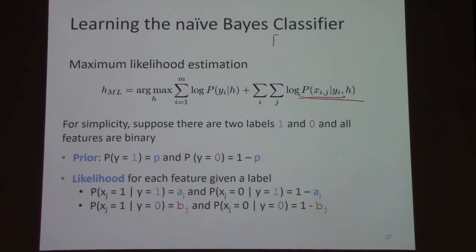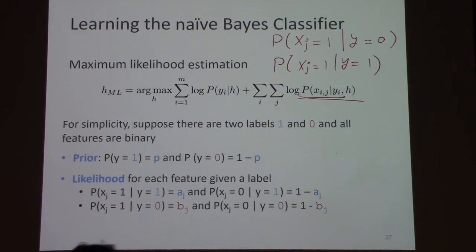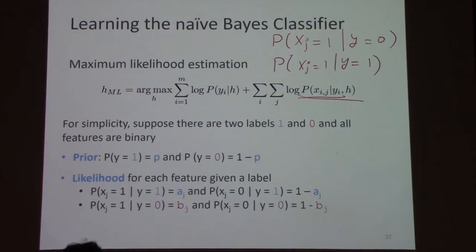So we want something that says the probability that some feature xj takes the value 1 when the label is 0, and we have the probability of xj equals 1 when the label is 1. We don't have to worry about the probability of xj equals 0 because that's just 1 minus these terms.